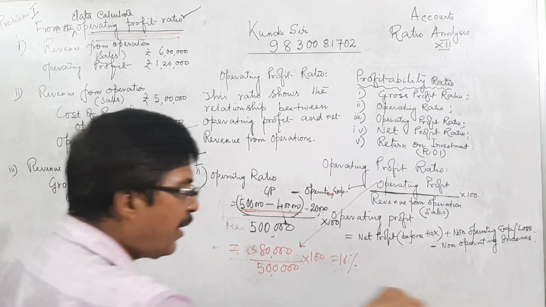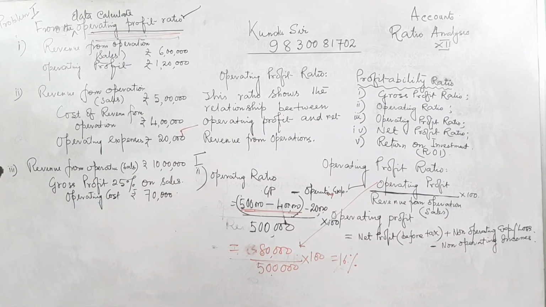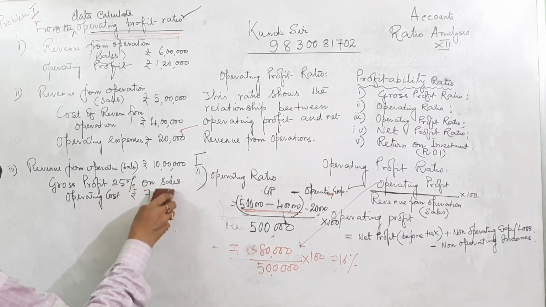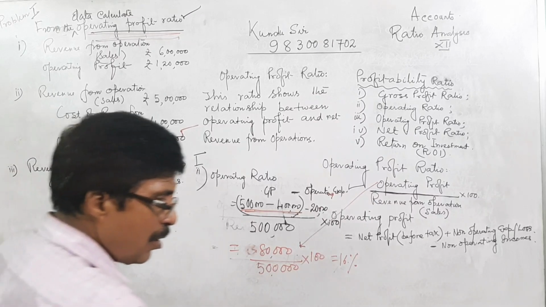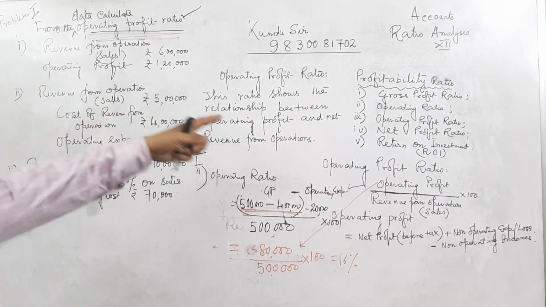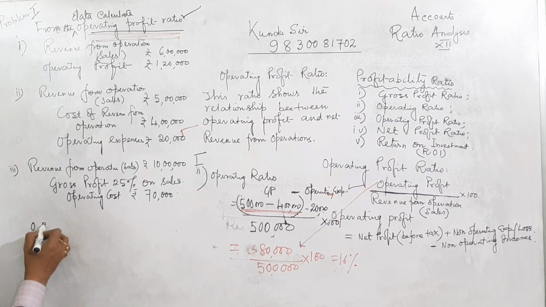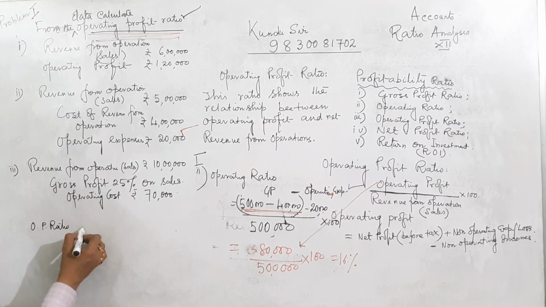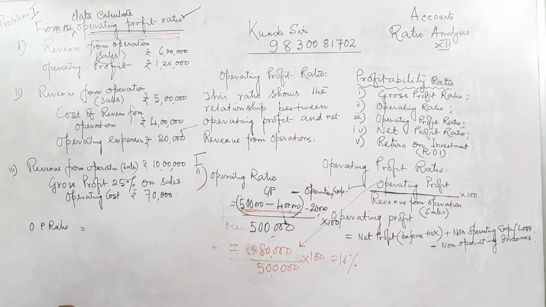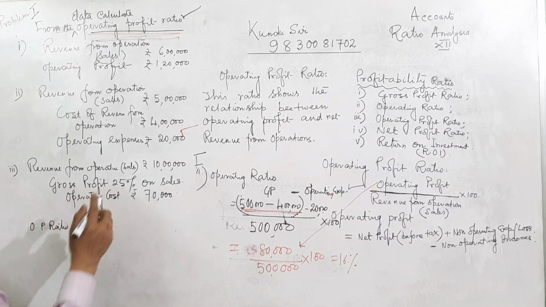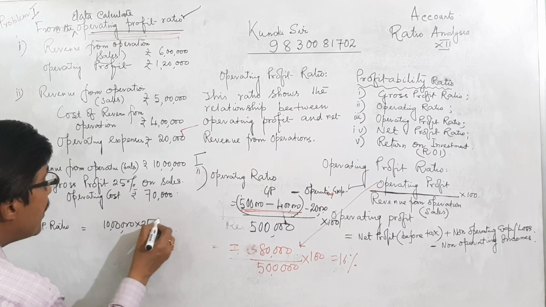Now third sum. What is given here? We are given the revenue from operations, sales equal to this, then gross profit 25% of this, minus operating cost equal to this. The formula is already mentioned. Operating profit ratio equals what? First, operating profit. What is the GP? GP equals 10 lakh into 25%.